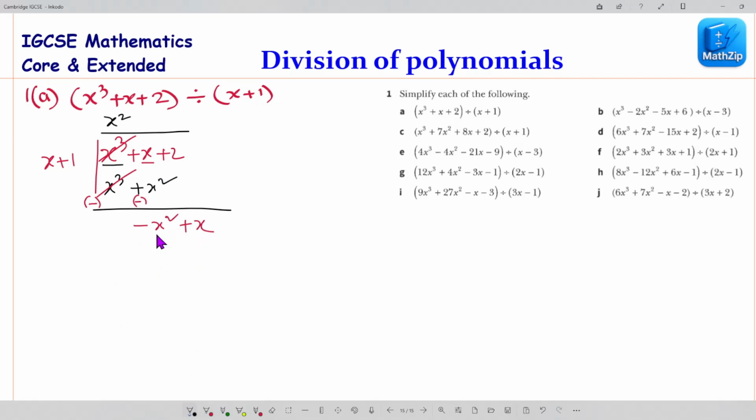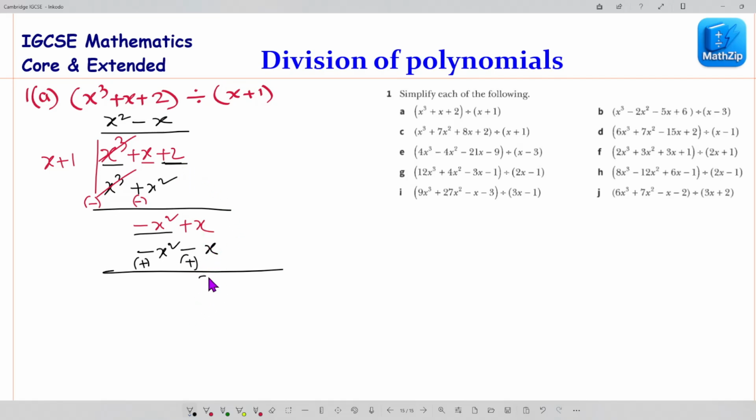Now we divide minus x square by x, so we will get minus x, right? So minus x square and minus x times 1 will be minus x. Now this one is plus and this minus will also be plus, and we will use this one.